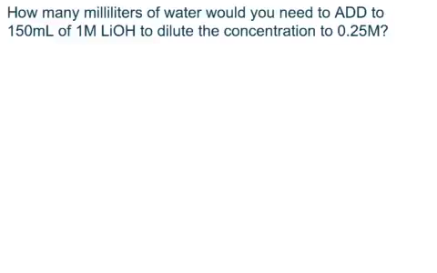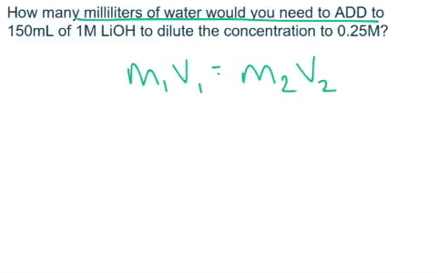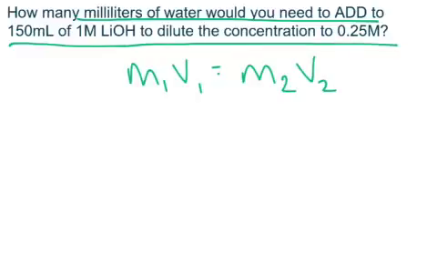Last question. This one's a little bit different because it's asking how many milliliters we're going to add to what we're starting with. So let's just set it up the way we've been doing all the other problems and then talk about what the difference is there. It says we're trying to figure out how much water we're adding to 150 milliliters of 1 molar if we want to dilute the concentration to 0.25.